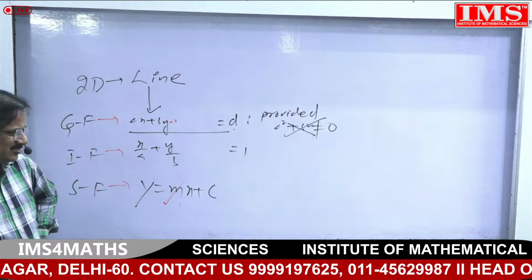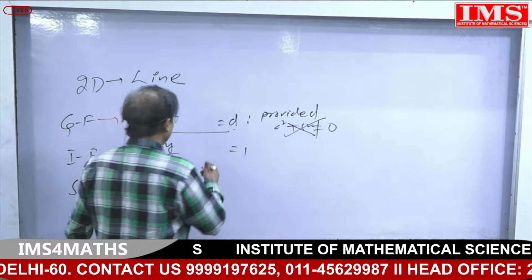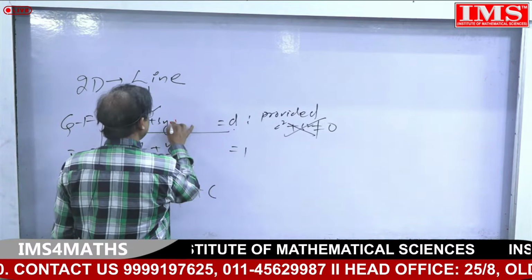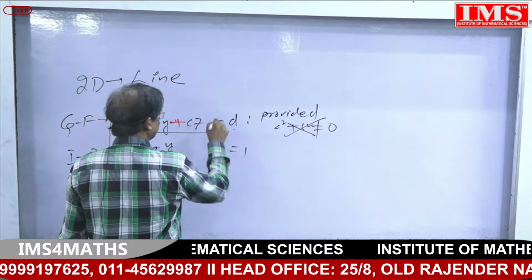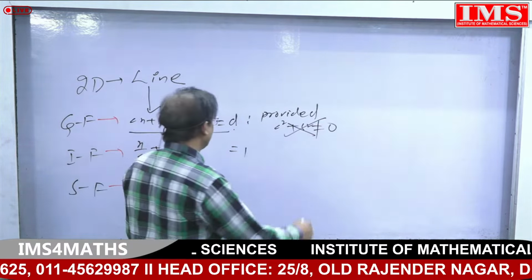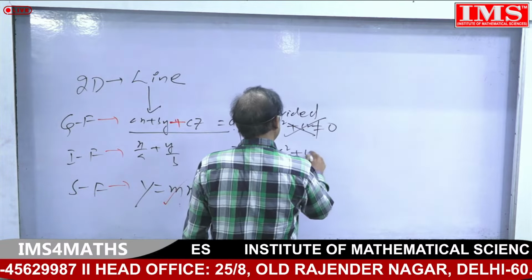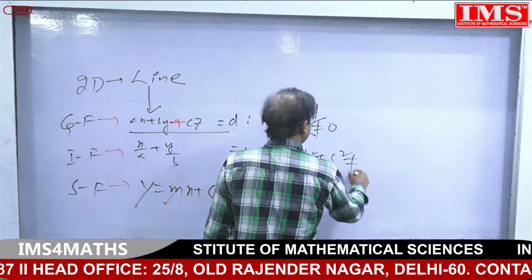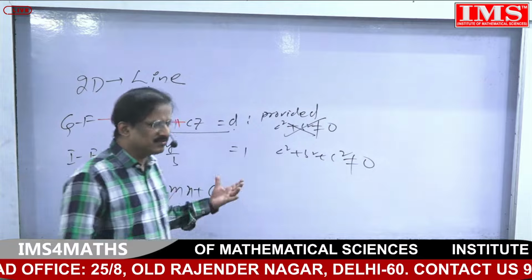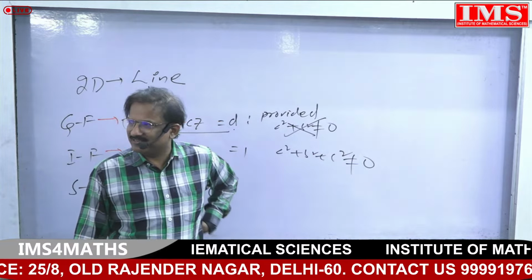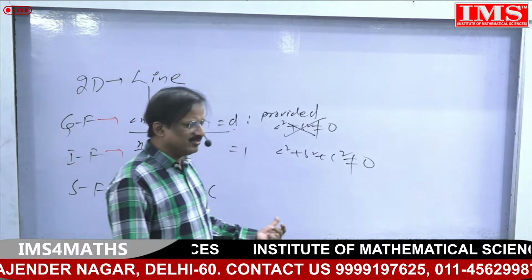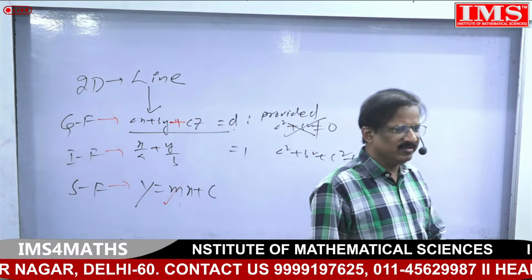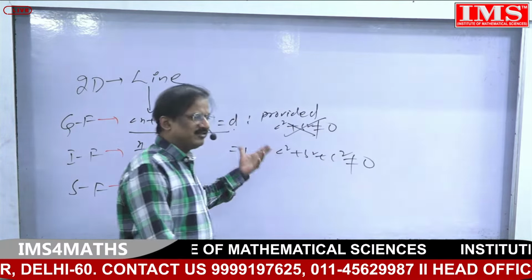So, when I write plus Cz, what do I express here? A squared plus B squared plus C squared. How many arbitrary constants are effectively available here? 3, sir. That's the reason, in the case of a plane surface in 3D, effectively I have 3 arbitrary constants.